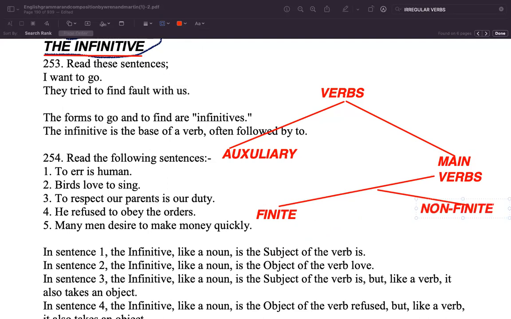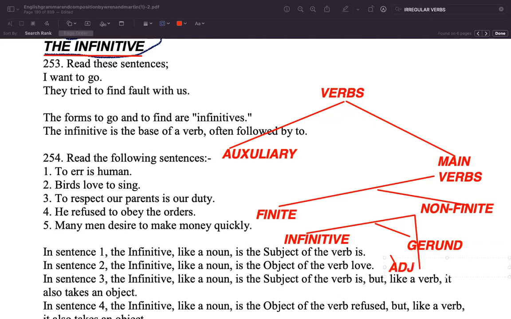Non-finite can be called an infinitive, or you can say that gerund, or you can say that it is an adjective participle.